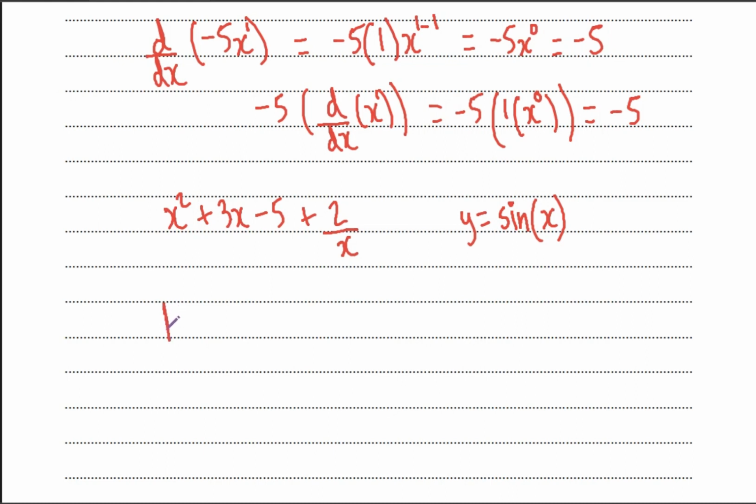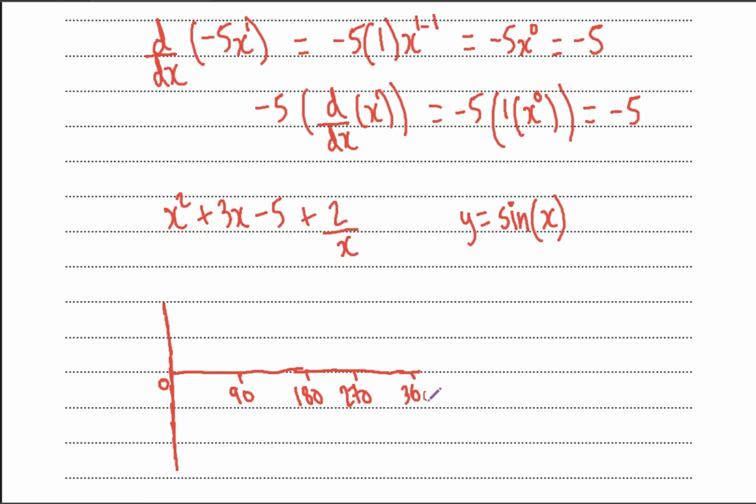So let's draw y is equal to sine of x. Let's remember what it looks like. So we have the y-axis, we have the x-axis here. And I'm going to need a few angles: 0, 90, 180, 270, and 360.